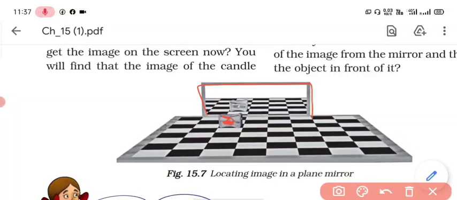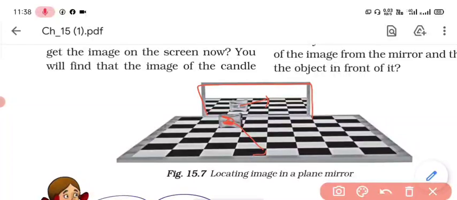In the mirror we have to observe whether the object is placed on the same block or not. We will observe that the object appears at the same place where we placed it on the chessboard. Similarly, if we move this object to here, then in the mirror it will also move to the other side.